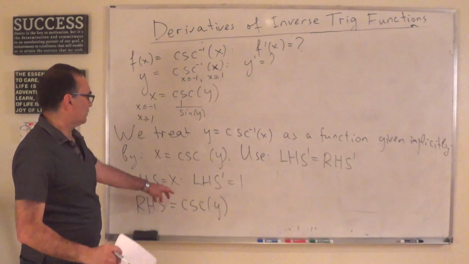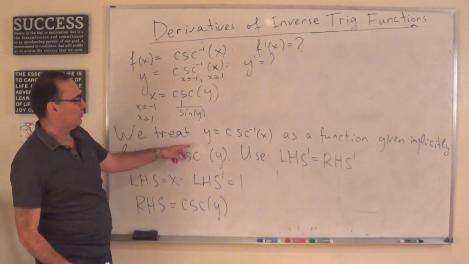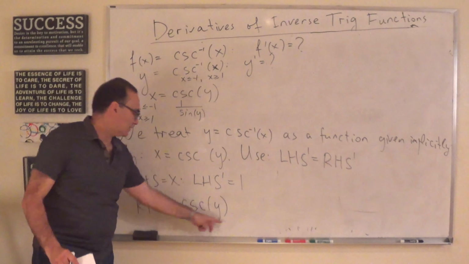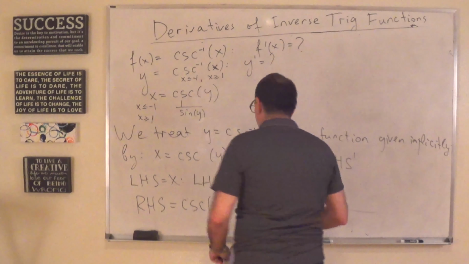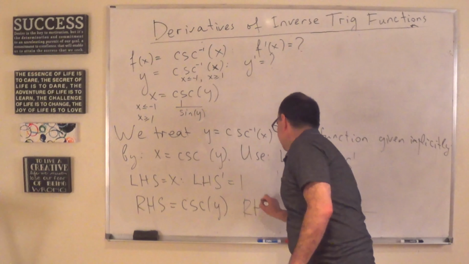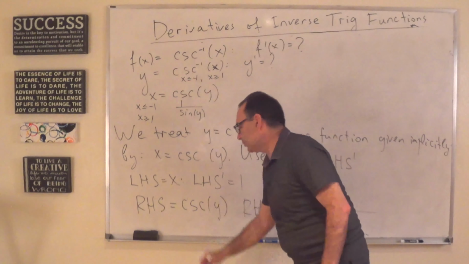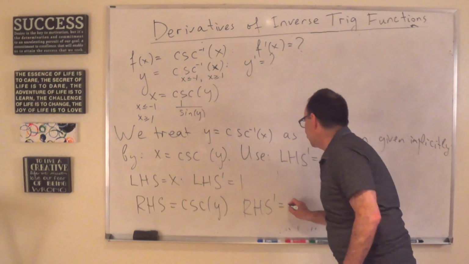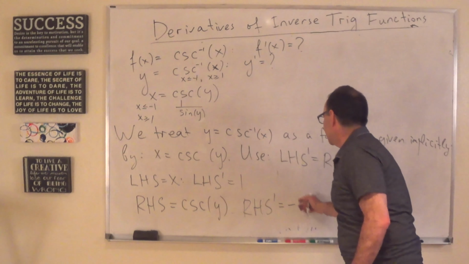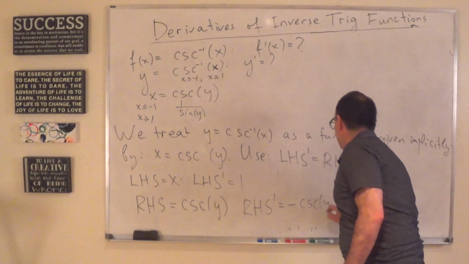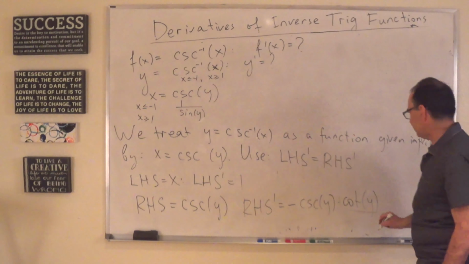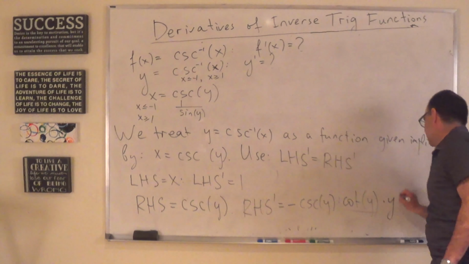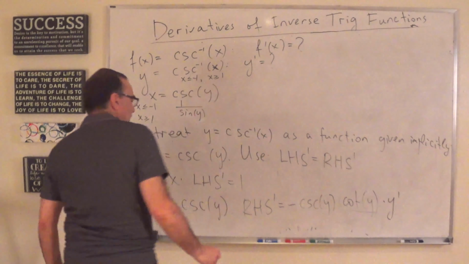And to find the derivative of cosecant of y, since y is a function, the derivative of this should be calculated the normal way, but then multiplied times y prime. So the right-hand side derivative is the derivative of the cosecant, and the derivative of cosecant is negative cosecant times cotangent. So it will be negative cosecant of y times cotangent of y times y prime. We need to multiply times y prime.